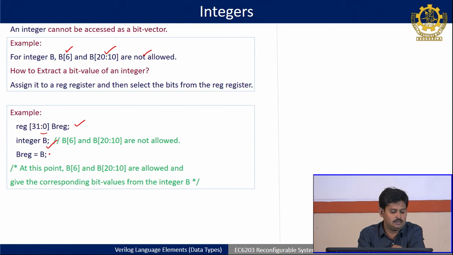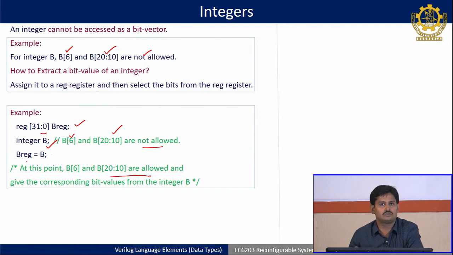Now, I am assigning b range equal to the integer b. That means now b range contains the same value as b, but b range is a register from which I can take b 6, and I can take b 20 to 10, that part of the data or values. Are you getting? So, this is what is allowed. In integer b it is written not allowed, whereas after this assignment it is allowed.